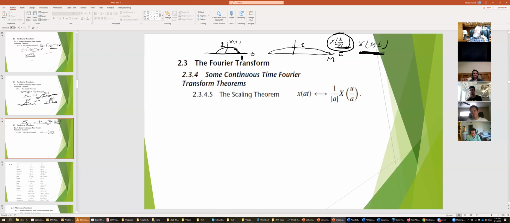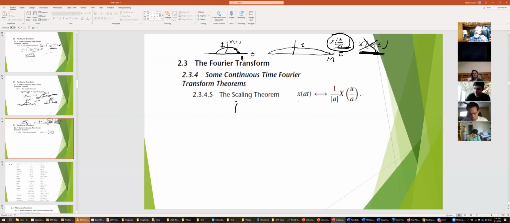It's against your intuition, because I would expect it to be x of mt, but this is not what it is. So here's what happens. This is the scaling theorem.